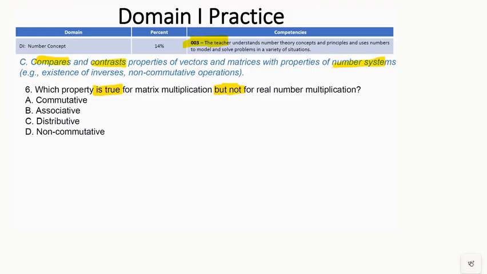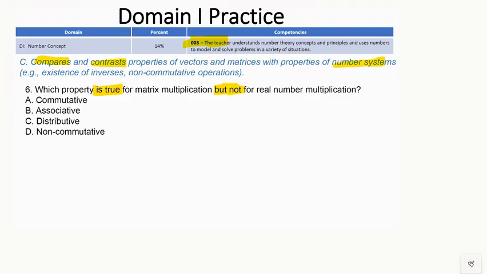Can you read that for me again, please? Number 6. Which property is true for matrix multiplication, but not for real number multiplication? I highlighted 2 phrases there. What are those phrases that I highlighted? True and not. What are we looking for?